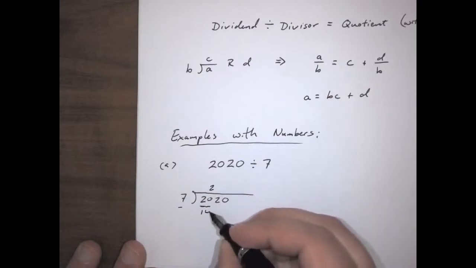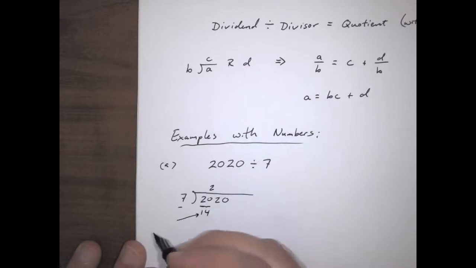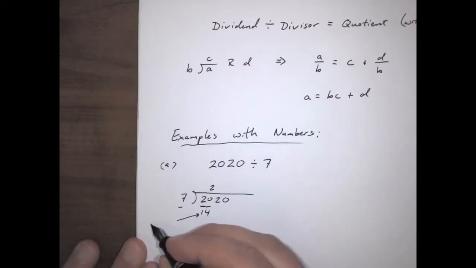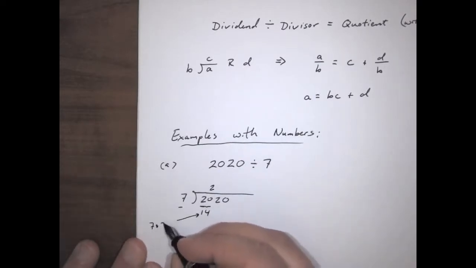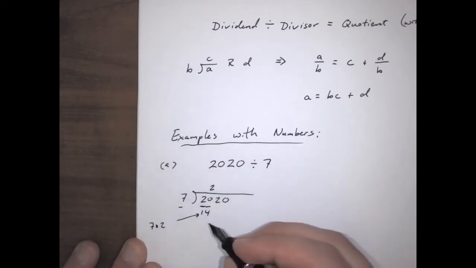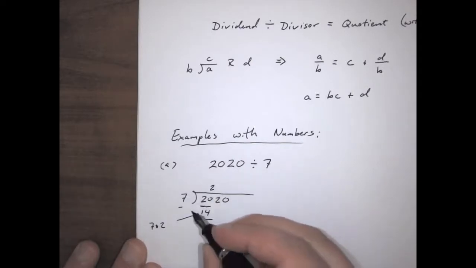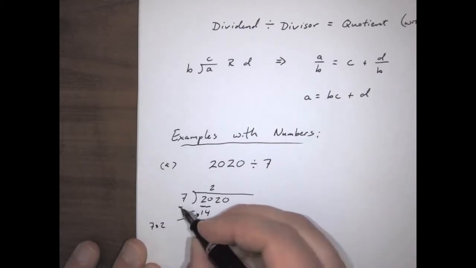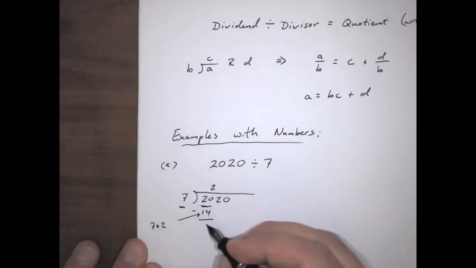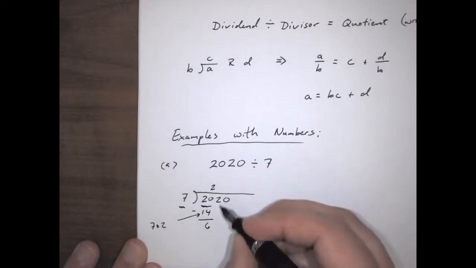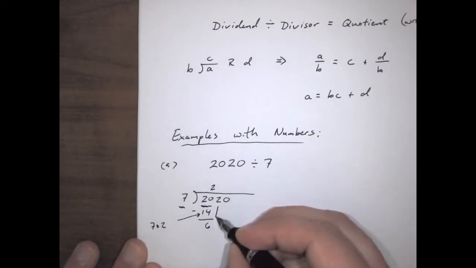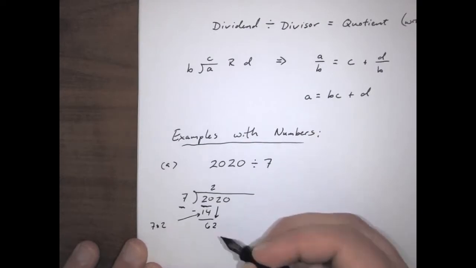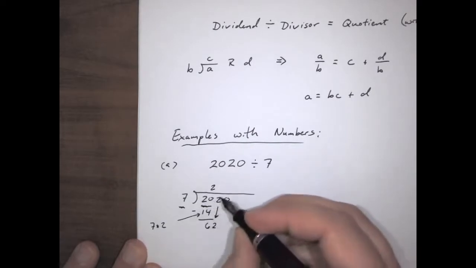Then down here, we put a 14, and that's 7 times the 2 that we got up there. And then we subtract, and we would get the 6, and then down would come the next digit. And then you ask yourself the same question again.